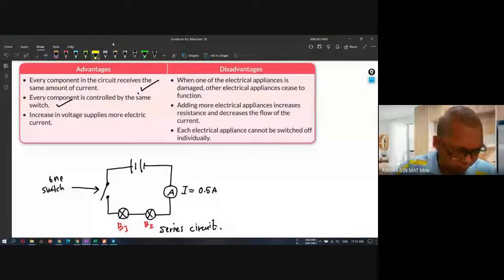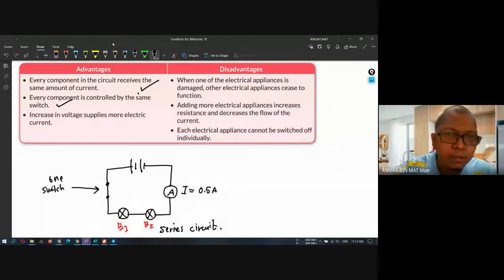Okay, never mind. I just close this first. If I close the circuit, for example, right here, meaning that the circuit is complete. Can you see here? The circuit is complete. What happened to the bulb?